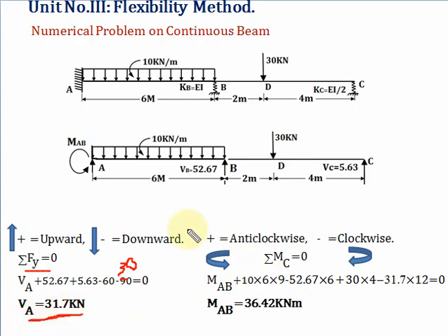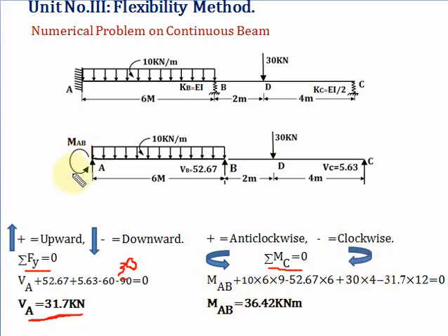Now to find the moment in member AB, we consider the second equilibrium equation, summation of moment about C equal to 0. At point C we take the summation of moment equal to 0. The sign conventions are anti-clockwise positive and clockwise negative.